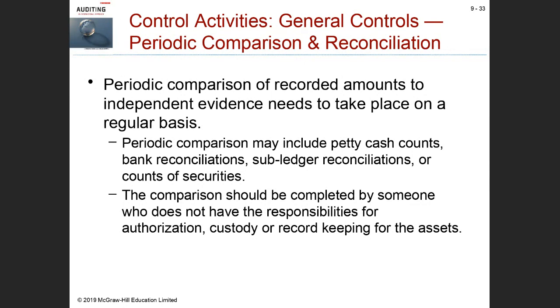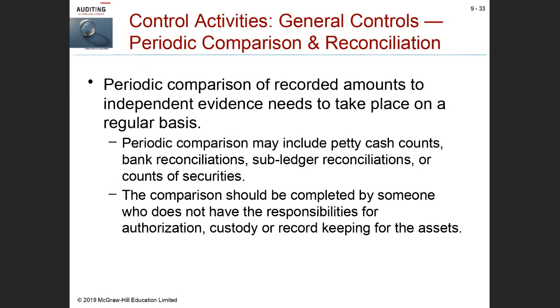But of course, these reconciliations, as we talked about with the bank reconciliation, have to be done by independent people, right? They shouldn't be done by people who have control over authorization of transactions, custody, or record keeping for the assets.